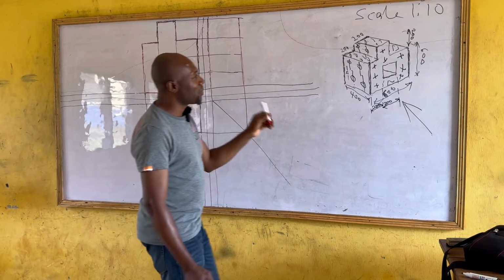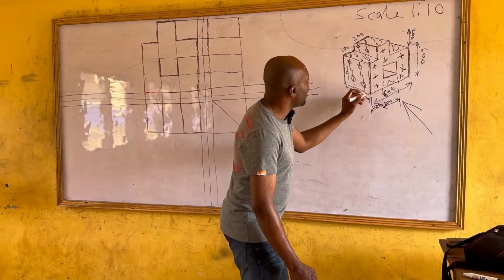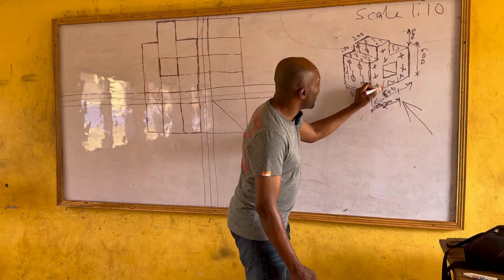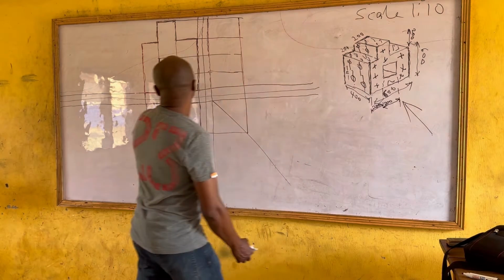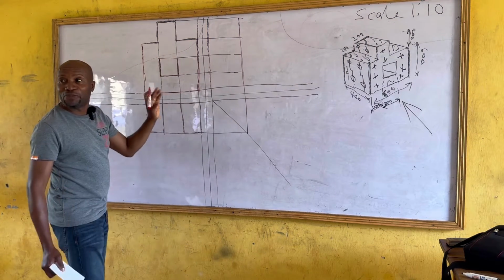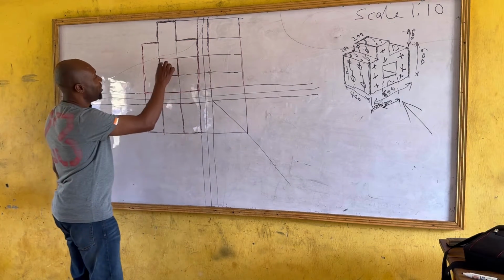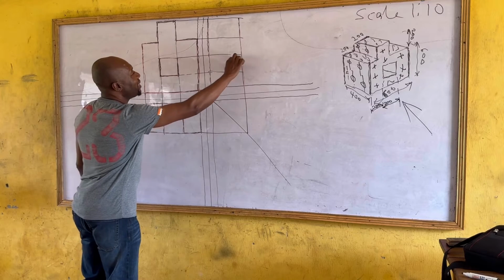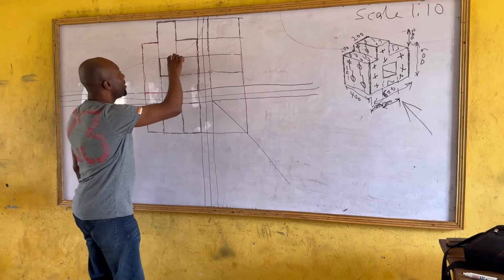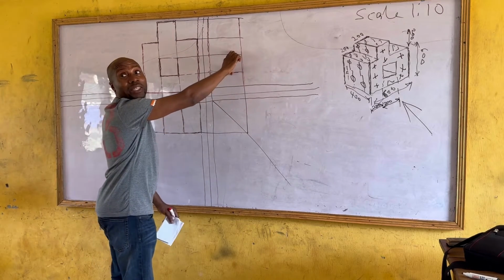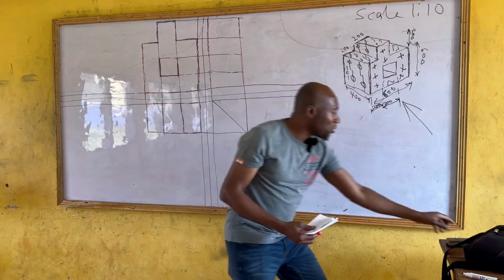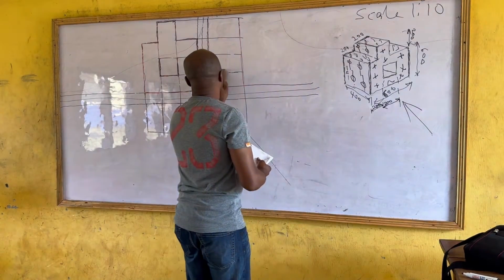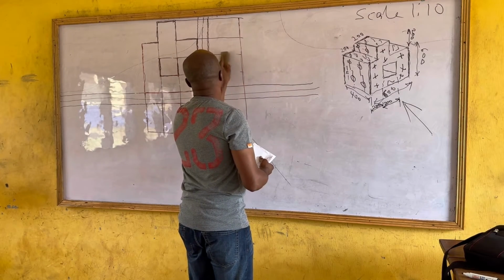But before that, let's consider the hole. I told you the distance from here to this side is 20, and here 20. From the front view or the front elevation, you can see that this is the hole. So these two lines are going to help us to indicate the hole in the figure. So we are going to draw our hidden line or our broken line.